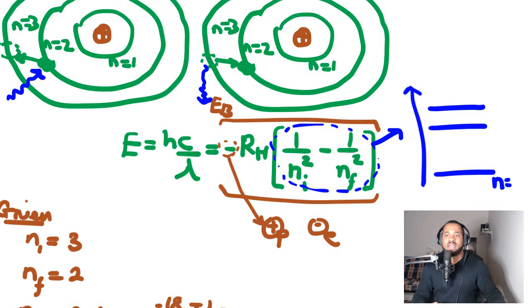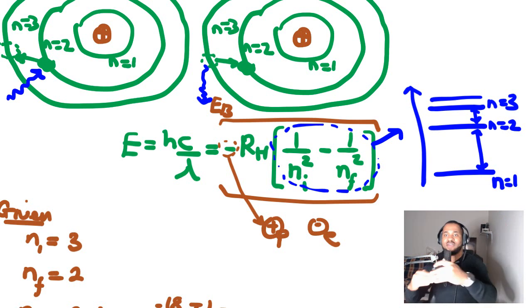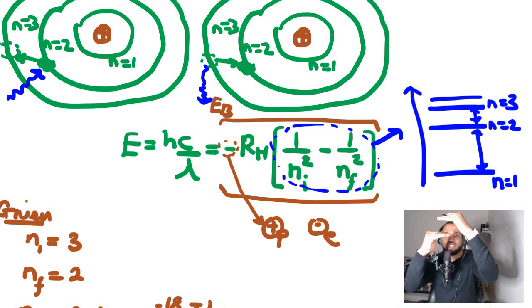So from n equals 1 to n equals 2, the energy gap is much bigger than going from n equals 2 to n equals 3, and so on. The gap gets smaller as you alternate from one energy level to another. Therefore, as you increase the radius of the atom, you have a decrease in the energy gap.